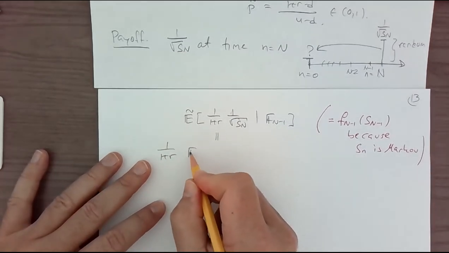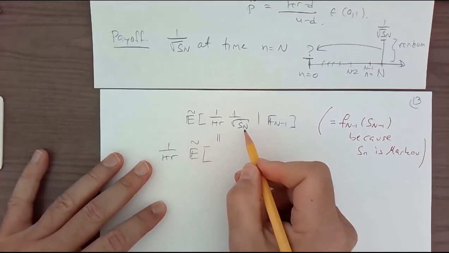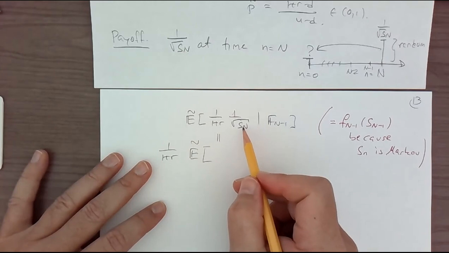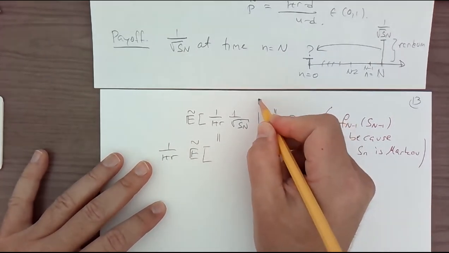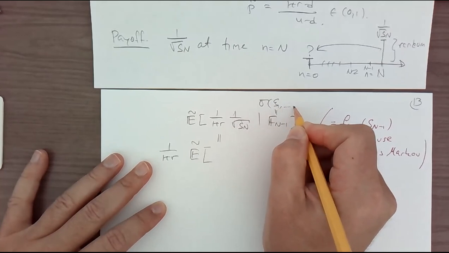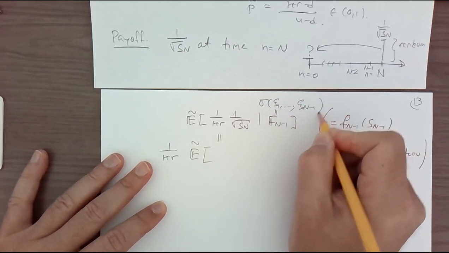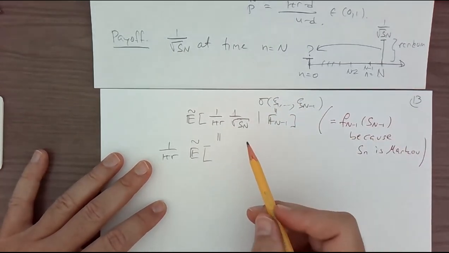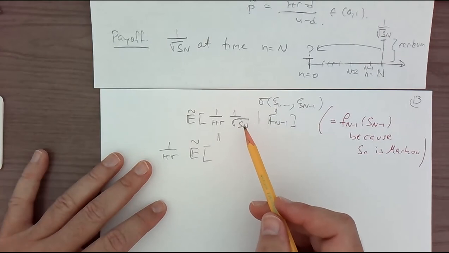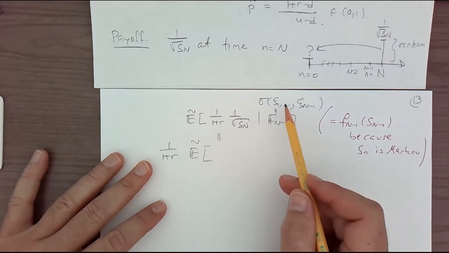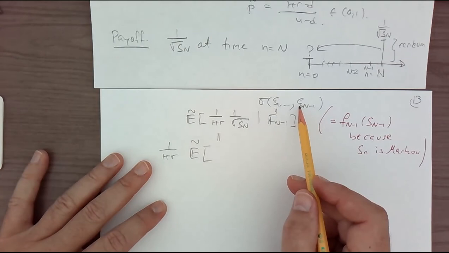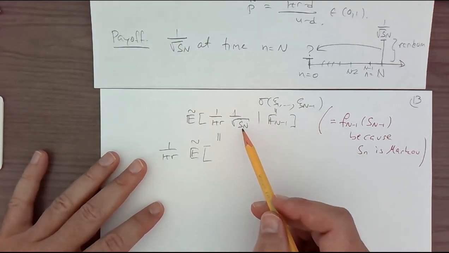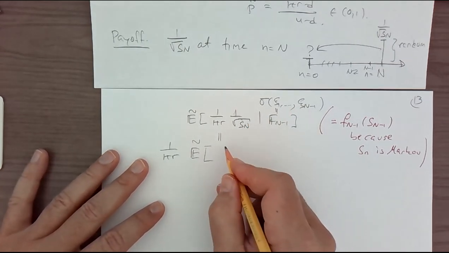Then the second step is we need a connection between S capital N and F capital N minus 1. So inside here, this is where I find all the coin flips up to time n minus 1. I need to link this random variable here with these random variables that I'm conditioning on. And the way to go about that is to use the definition of S capital N in the binomial model.